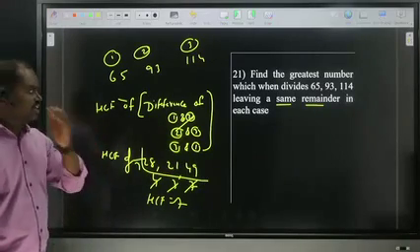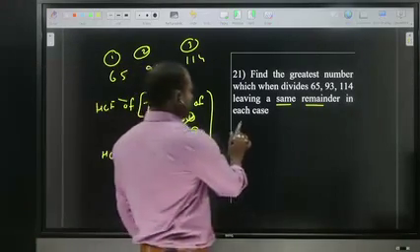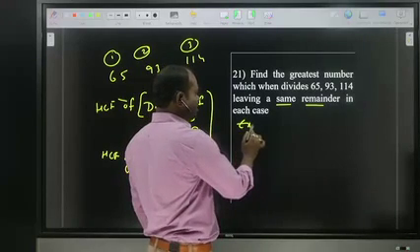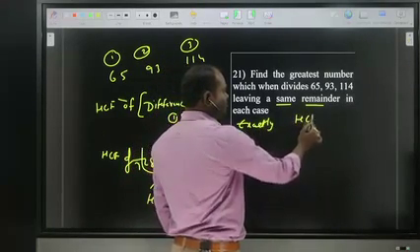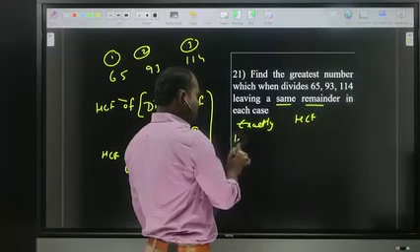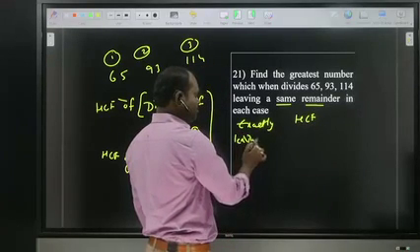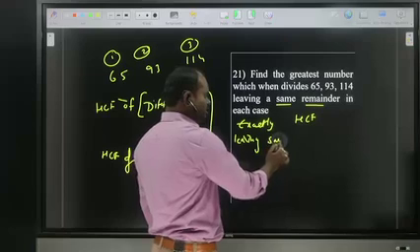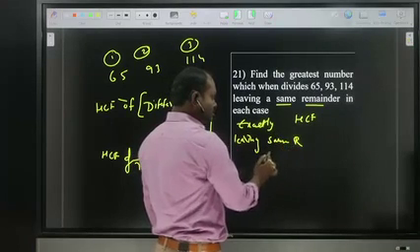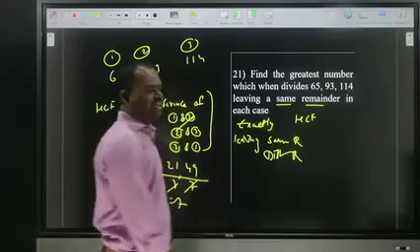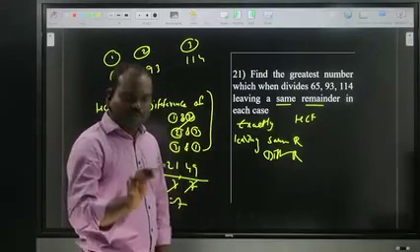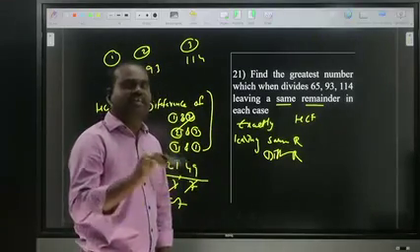Now I said there are 4 cases. When exactly do we take just the HCF? When leaving the same remainder or a different remainder, in both cases subtract the remainder, then take the HCF.